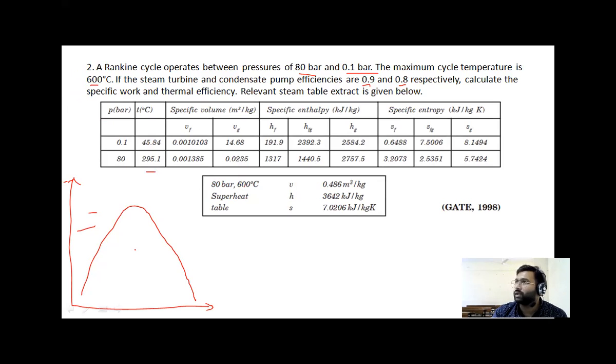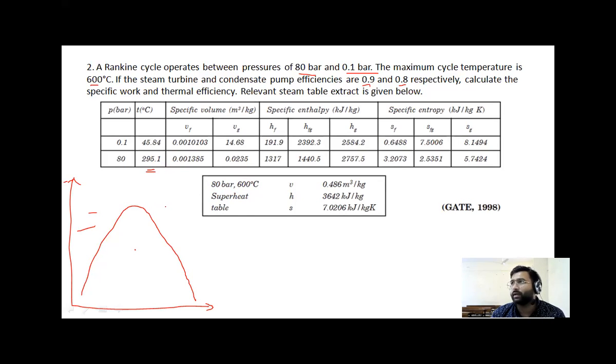So whether steam is subcooled, wet, or superheated: if the temperature of steam is greater than the saturation temperature, the steam is superheated. Always remember, if the temperature is below saturation temperature, then it is plain liquid water. If the temperature is above saturation temperature, then it is superheated steam.